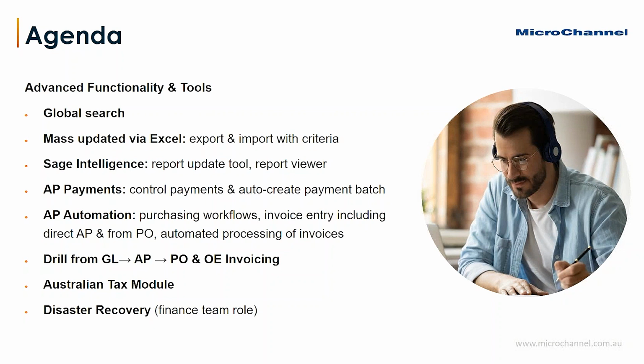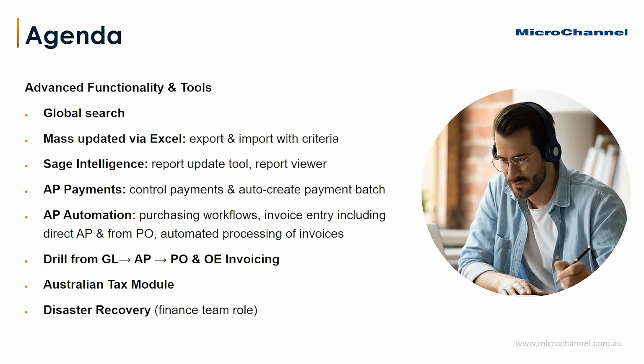We'll also look at automation options that are available, and a good number of our clients use these, but if you don't, maybe some of these will float your boat.